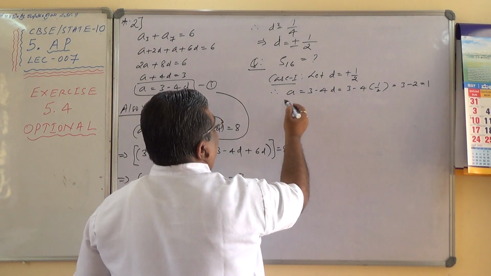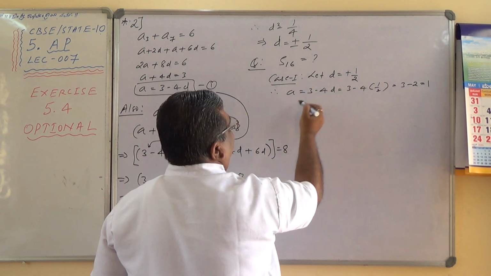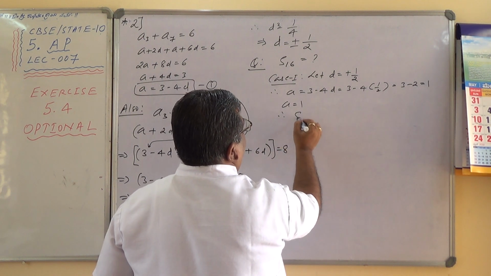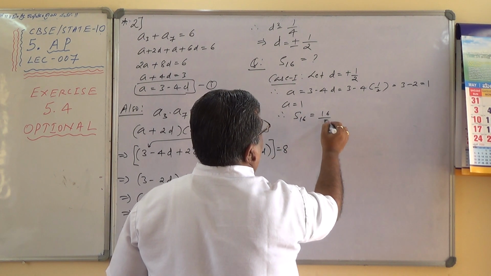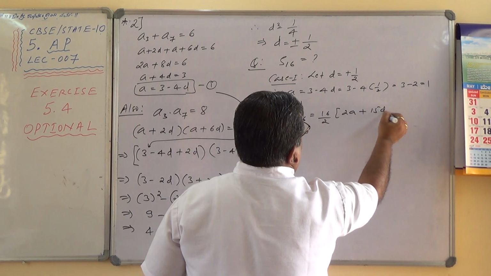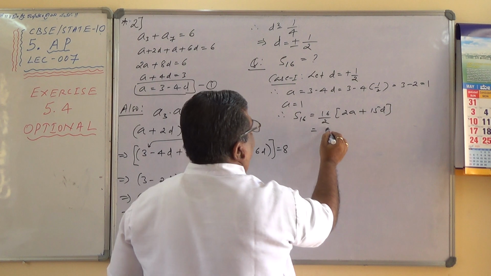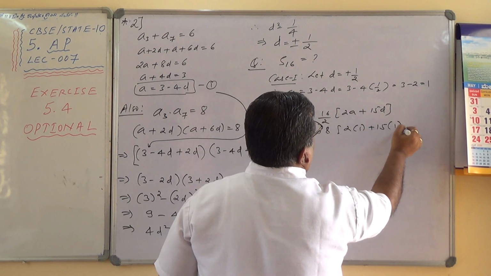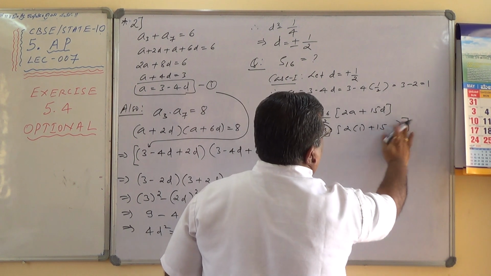You got it? So with the value of D of half, A equals 1. S16 equals 16 by 2 times 2A plus 15D, that is 8 times 2 times 1 plus 15 times half.